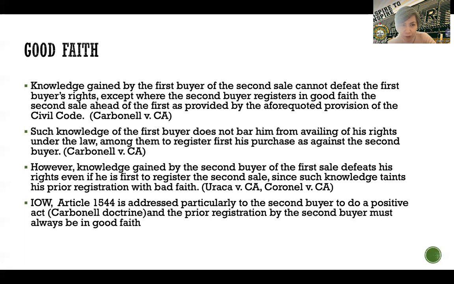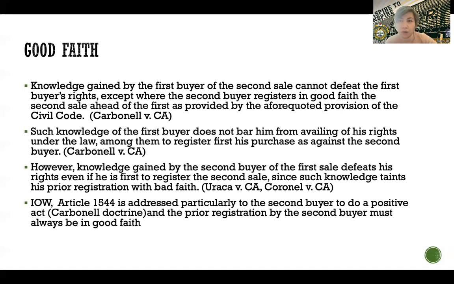In the case of Carbonell, we see there that the knowledge of the first buyer about the second sale will not necessarily defeat that first buyer's right. Why? Isn't it that knowledge of a sale will make the buyer in bad faith, if he proceeds with the sale knowing that there was another sale made?